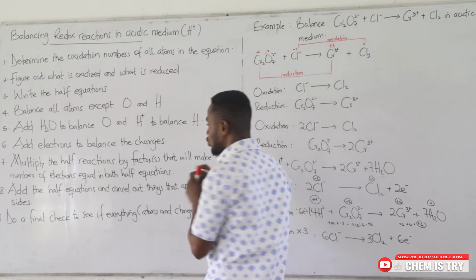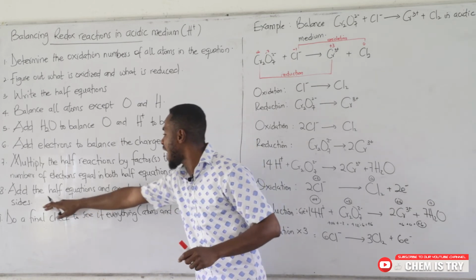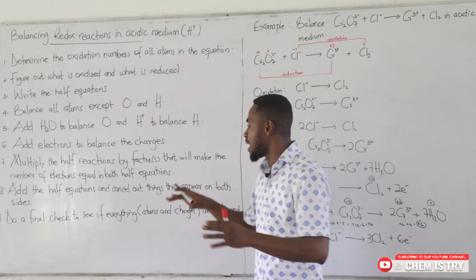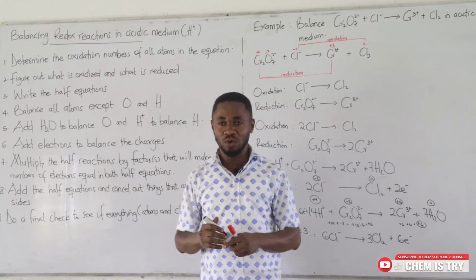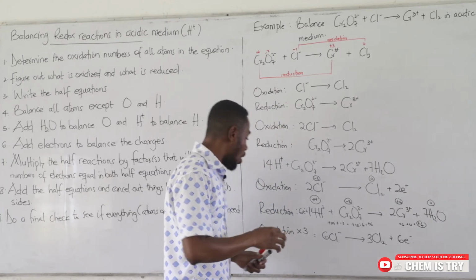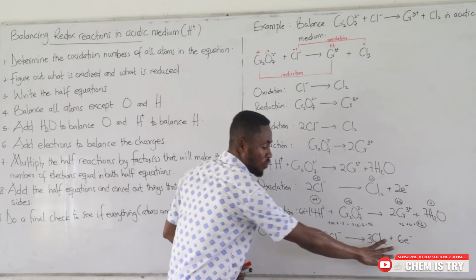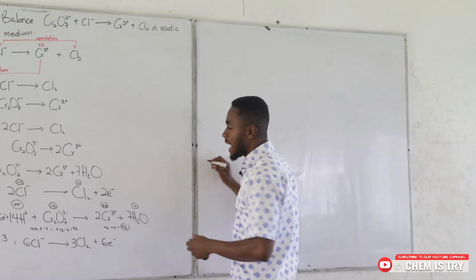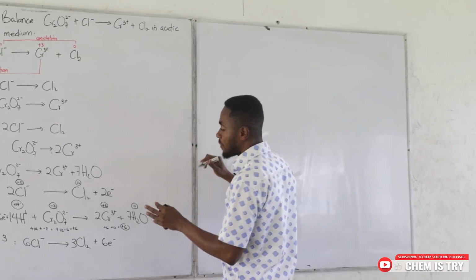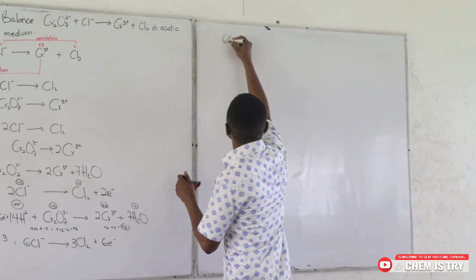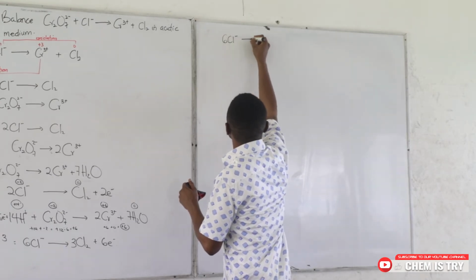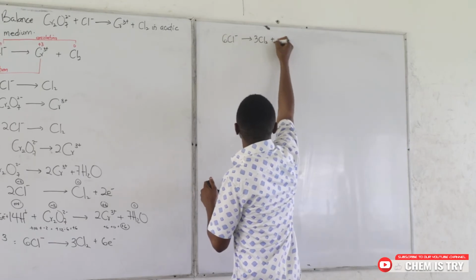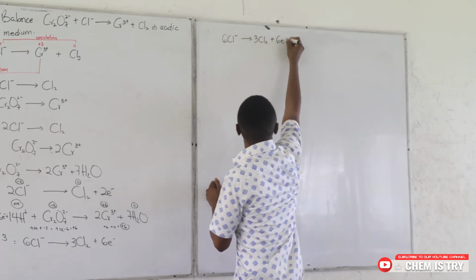So we move on to the next step. We will add the half equations and cancel out things that appear on both sides of the equation. So we will add the oxidation half reaction over here to the reduction half equation. So let's add the oxidation half equation, which is 6Cl- going to produce 3Cl2 plus 6 electrons.